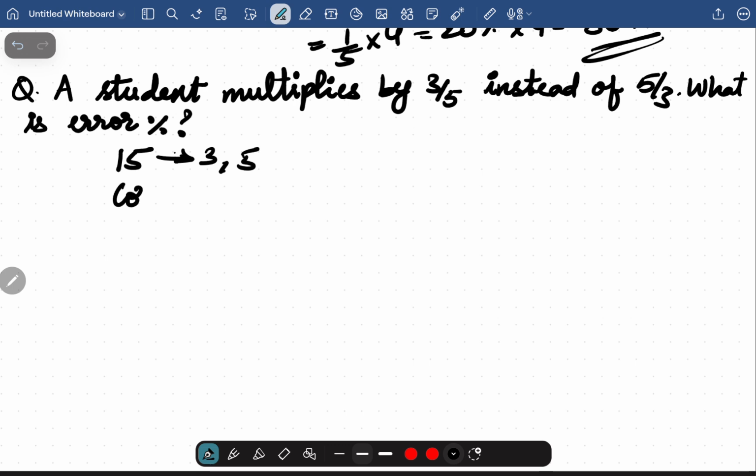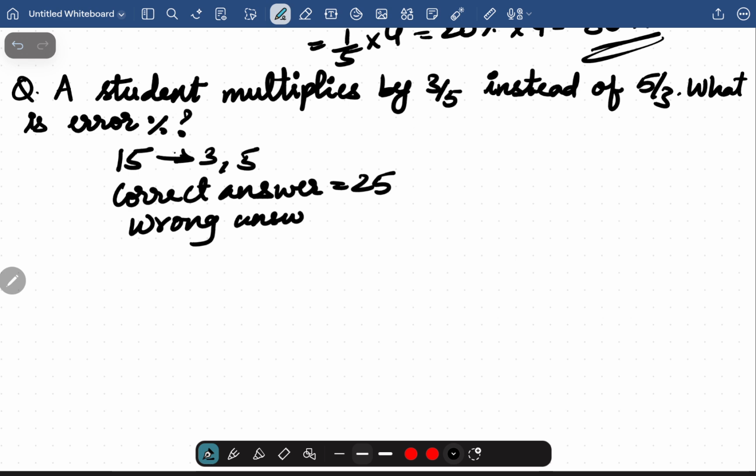So the correct answer is 25 and the wrong answer is 9. So how did I calculate it? A student multiplies by 3 by 5 instead of 5 by 3.